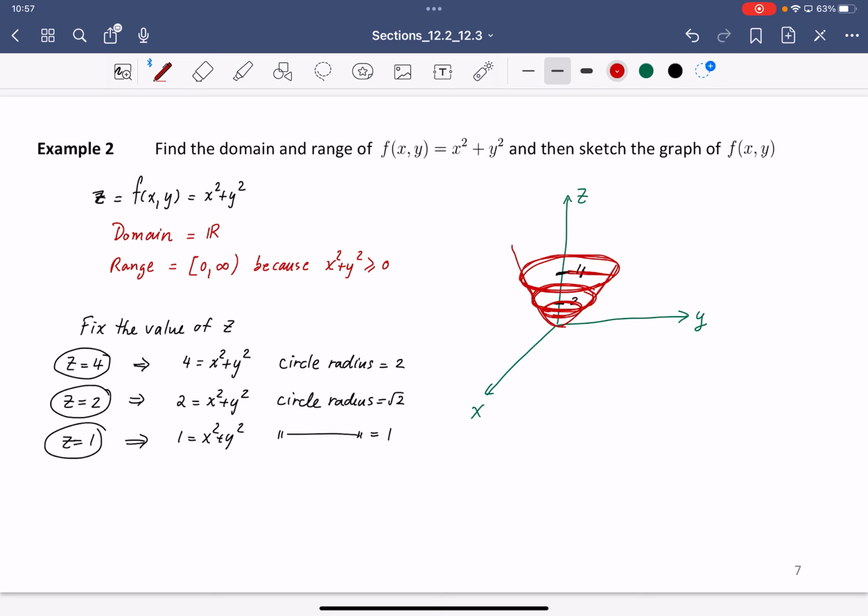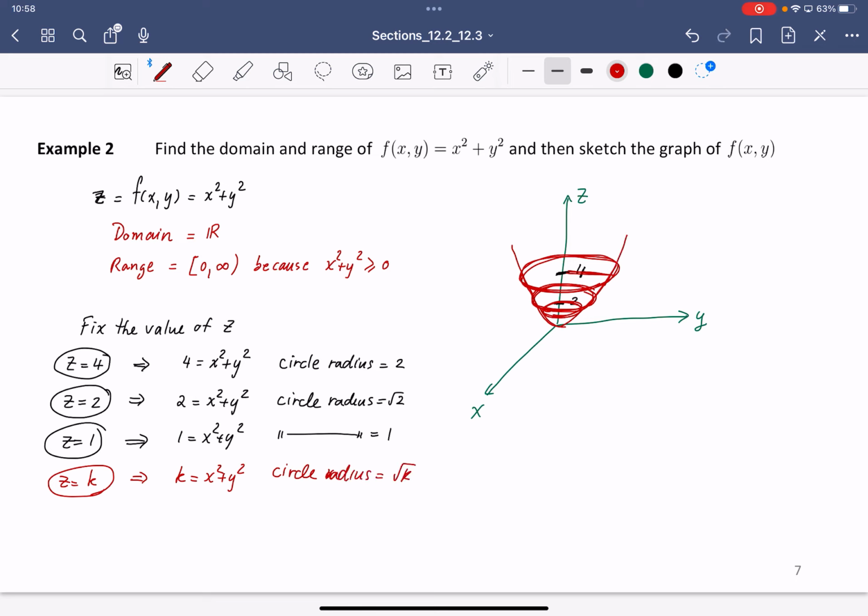Make sense? Because every time you do z equal to k, where k is greater than 0, you're going to get k equal to x squared plus y squared. Anyway, you're going to get a circle with radius square root k.